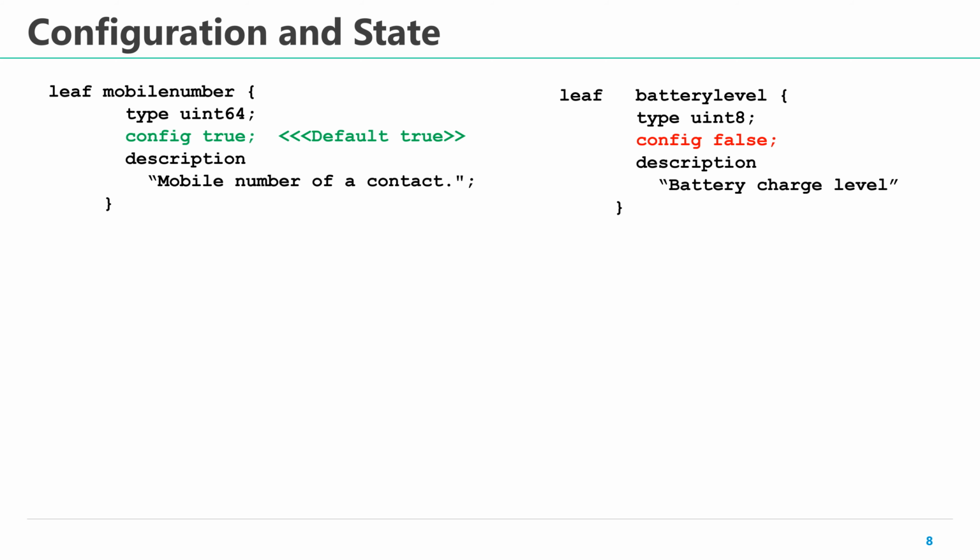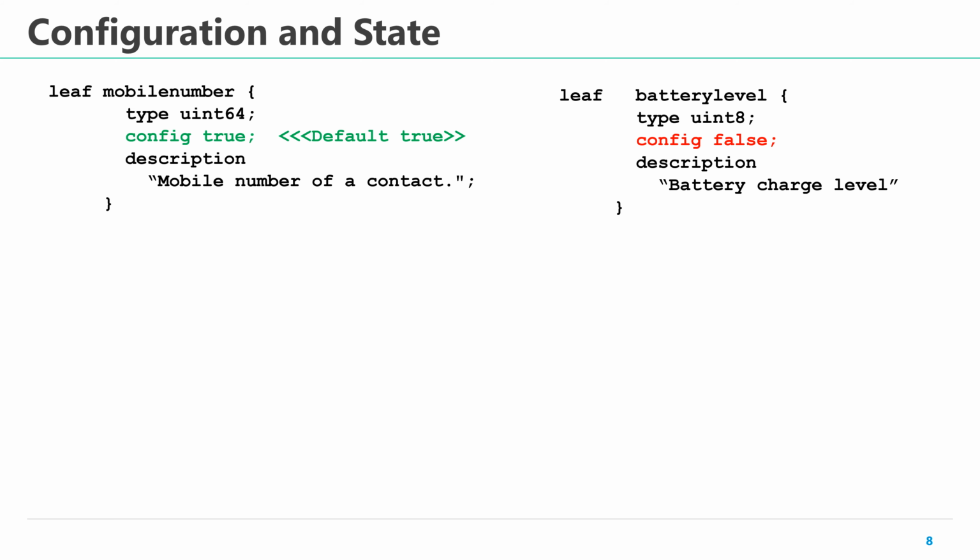It is not something you can enter and say battery level is now 95%, 98%. No. The only way the battery level can change is you actually plug in the device to the power socket and the state of the battery must be determined and changed by the system. So this is the fundamental difference between configuration and state.